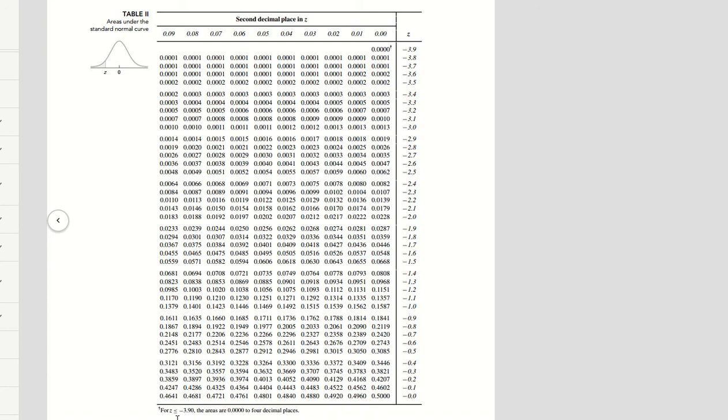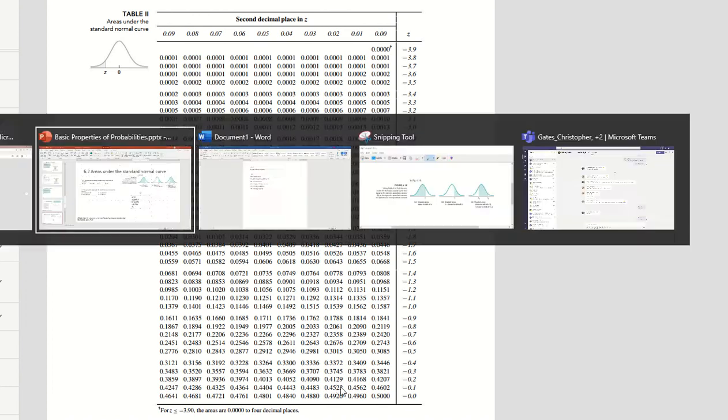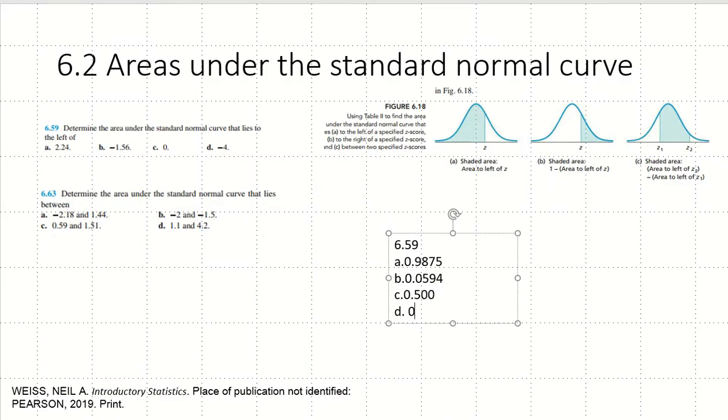So for z-scores less than -3.9, the areas are 0 to the 4 decimal places. Okay, so it will be 0.0000. Okay, so that's 6.59.